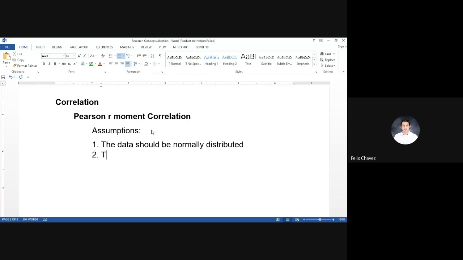The independent variable should be at interval or ratio scale. Okay. Should be at interval or ratio.